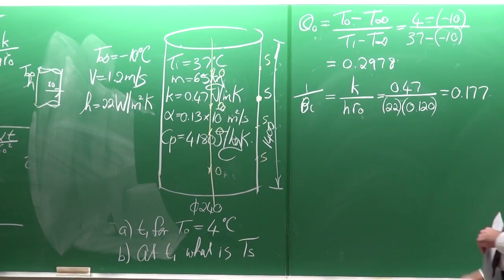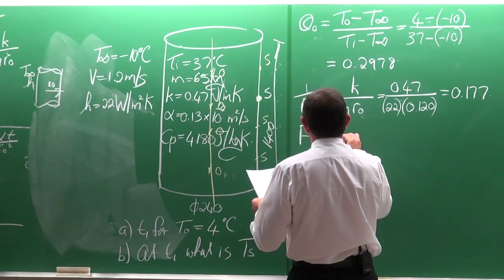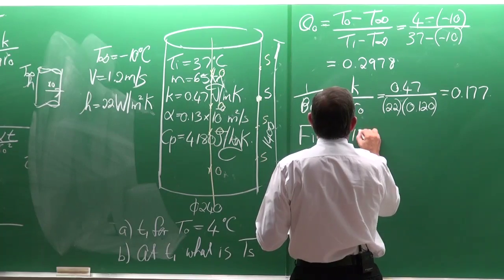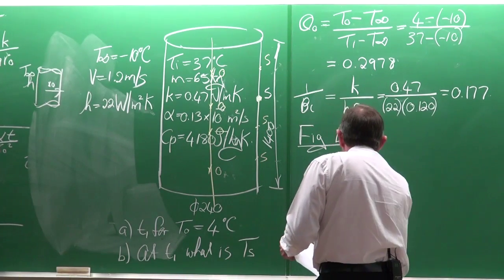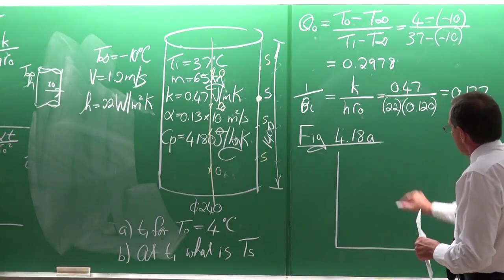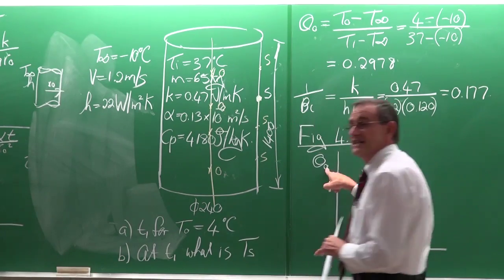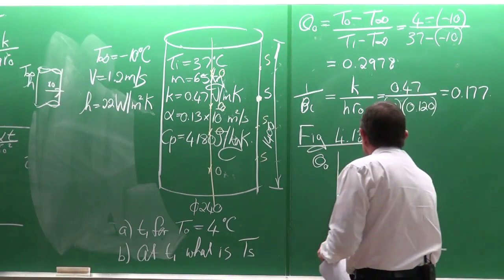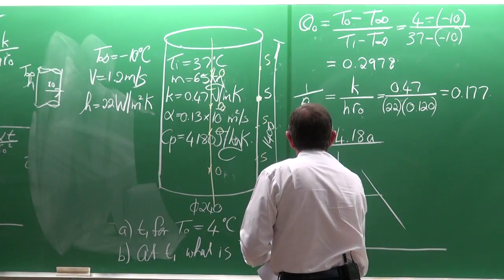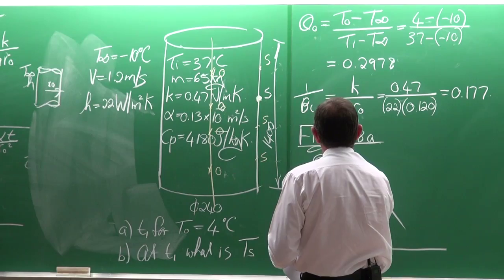If we now go to figure 4.18a, the Heisler chart. On the Heisler chart, there is theta 0, the temperature at the center. That is equal to 0.2978.